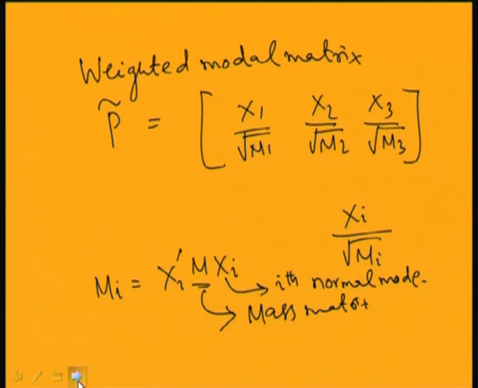After finding this weighted modal matrix, using it one can also find the principal coordinates of a system. Already in the case of a 2 degrees of freedom system, you know the principal coordinate of a system is defined as that coordinate which will make the mass matrix and stiffness matrix uncoupled.